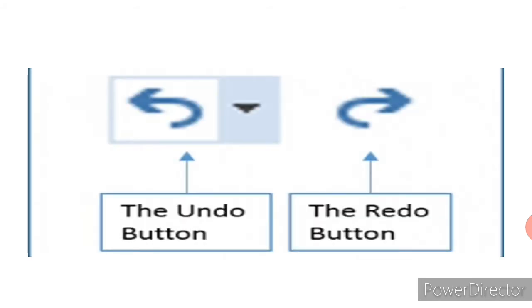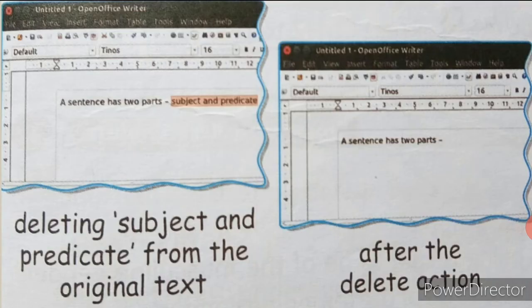Now, this is your undo button and this is your redo button, which is given on the standard toolbar. Now, let me explain what you can do with the help of undo and redo buttons.